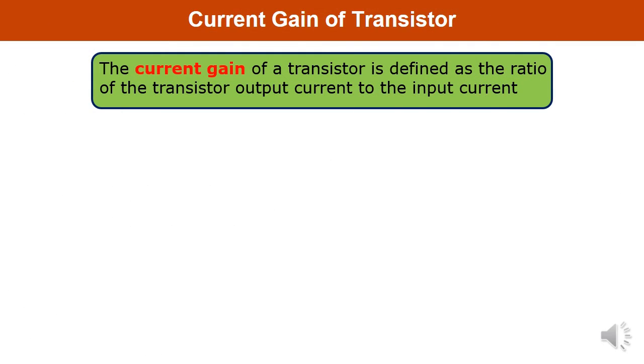The current gain of a transistor is defined as the ratio of transistor output current to the input current. You must remember that a bipolar junction transistor is frequently used as a constant current source as well. So this is how you can calculate the current.